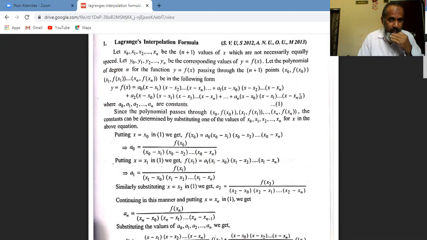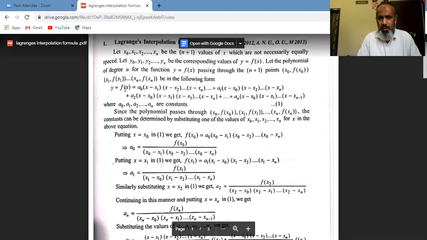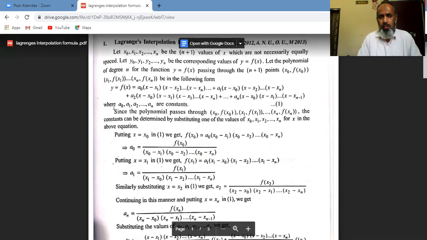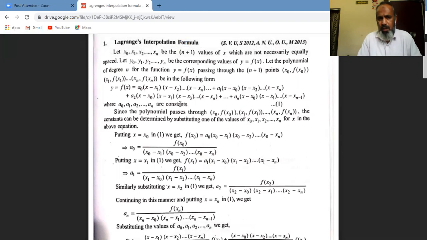So we are writing the polynomial as y is equal to f of x is equal to a0 into something, and so on. So what are a0, a1, a2, an? These are the constants which are to be determined. We have to determine these constants to write the Lagrange's interpolating polynomial.